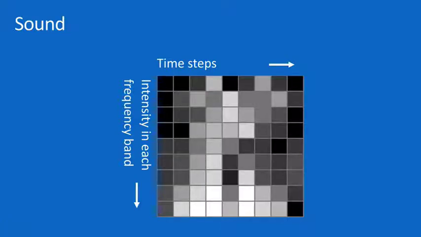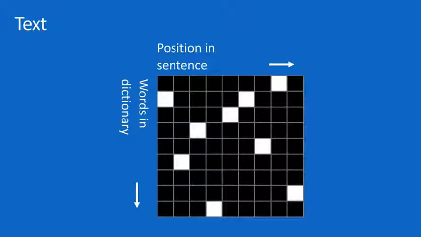Or let's look at text data from the domain of natural language processing. I can create a very sparse image, but nonetheless an image where there is a relationship between the rows because they are organized as how English words appear in the dictionary, in what order.